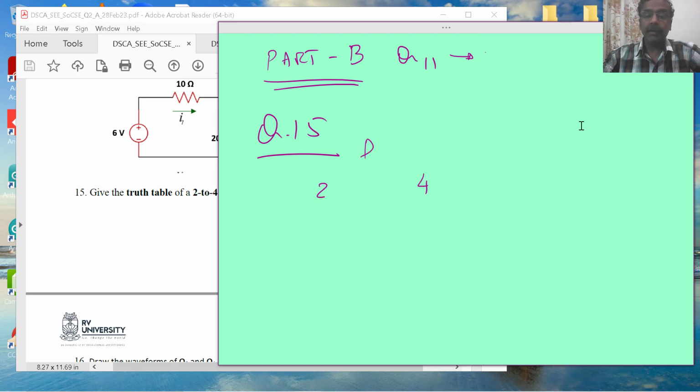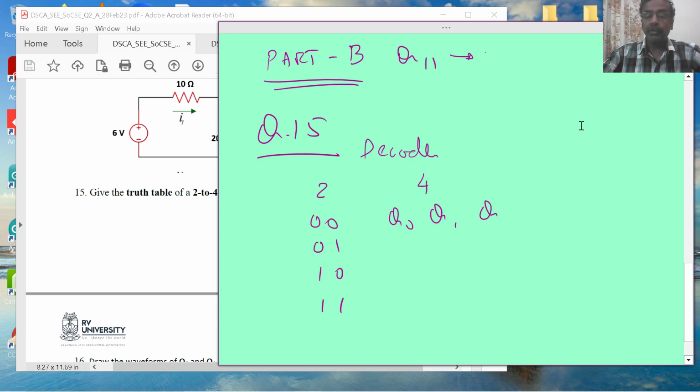It's a decoder. Okay, you are decoding what are the two combinations given, 0 0 or 0 1 or 1 0 or 1 1. Now 4 outputs are there, Q0, Q1, Q2 and Q3. Okay, these are the inputs given to it. Now this should correspond to Q0.